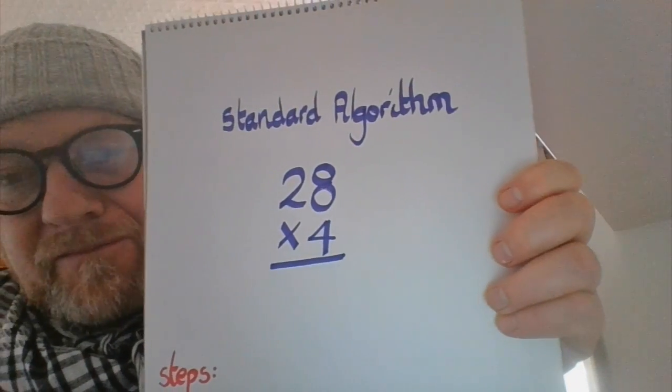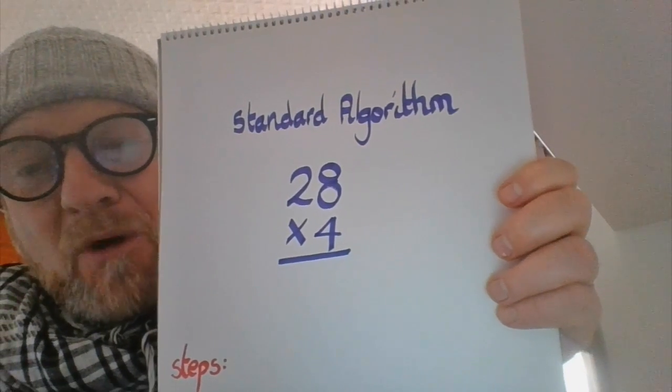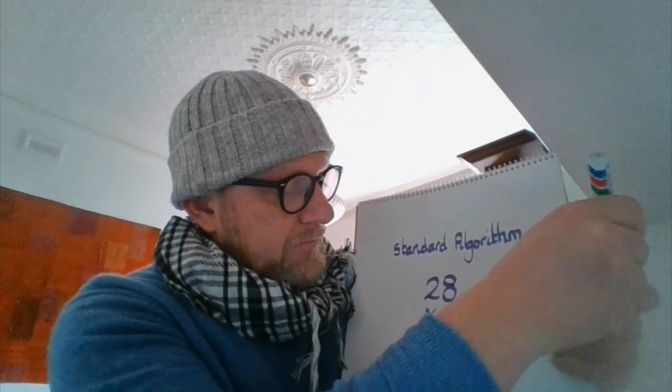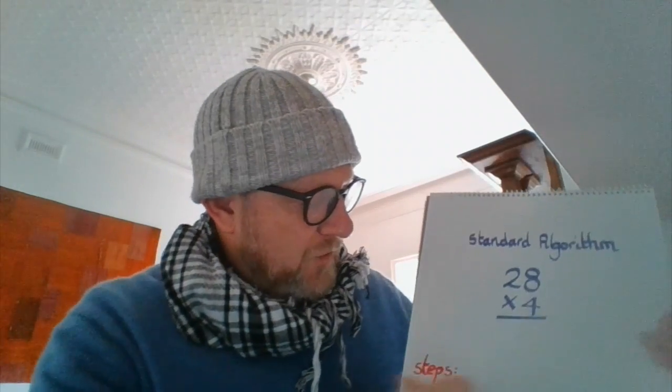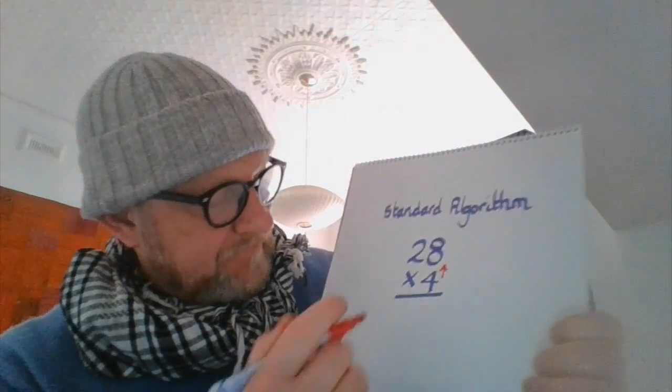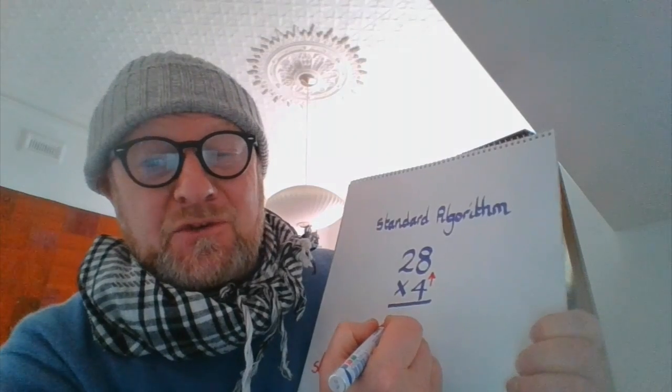The instructions. Okay, you can watch my video and I'm going to go through the standard algorithm with you, step by step. So step 1, write out the algorithm: 28 times 4. Step 1, times 4. 4 times 8 is 32.